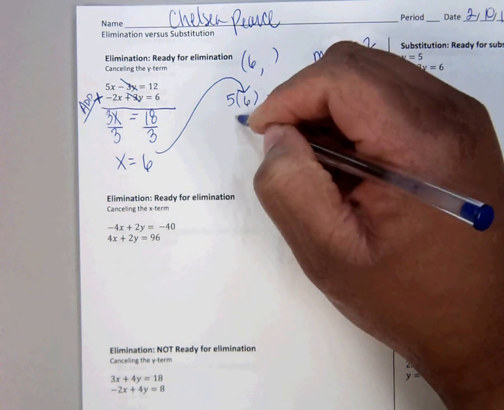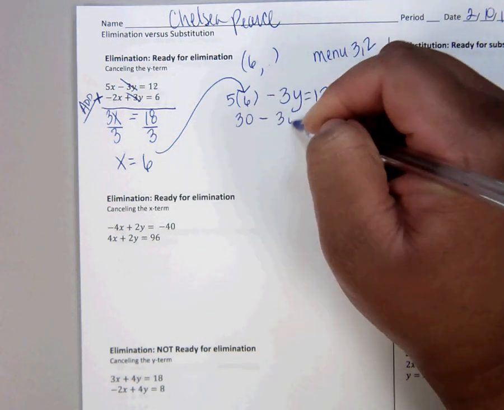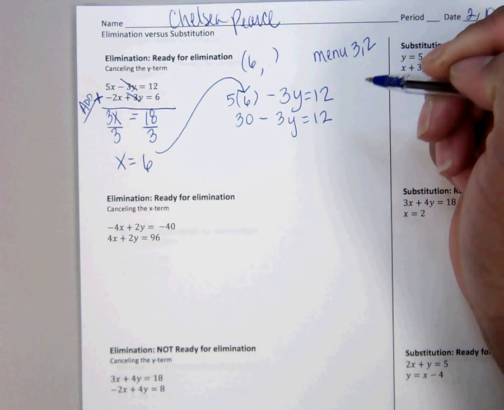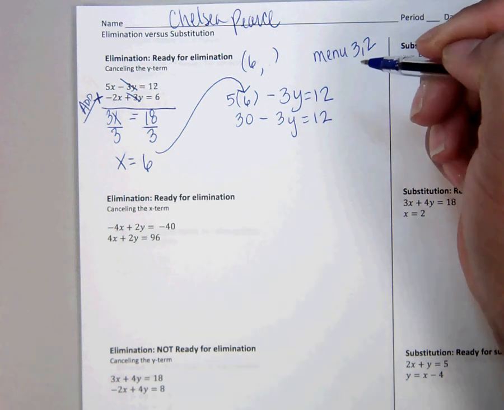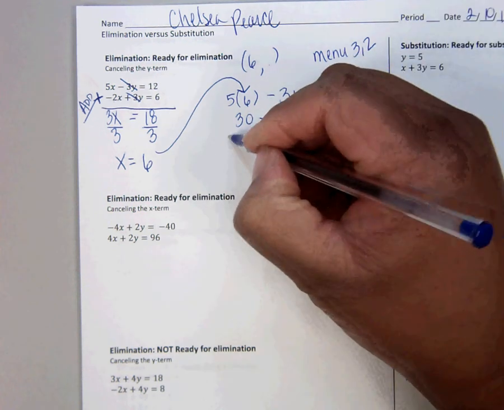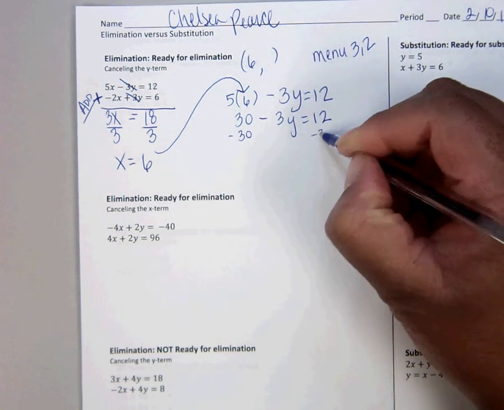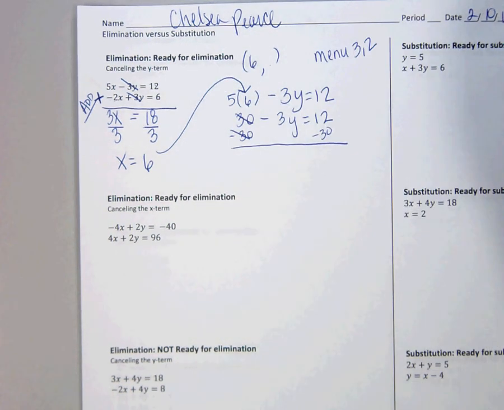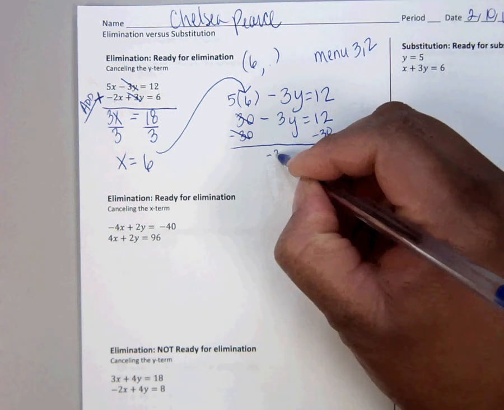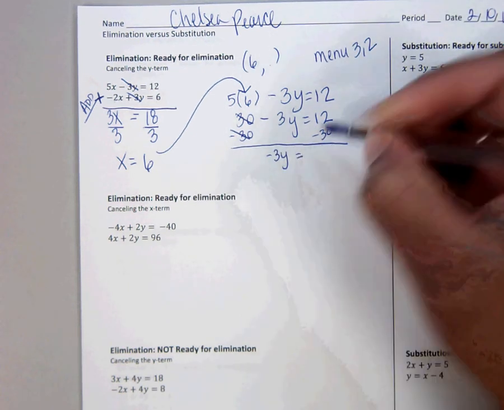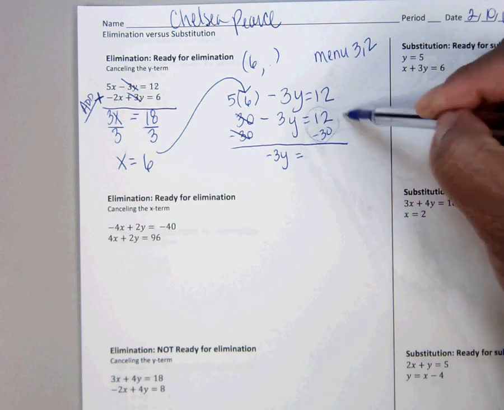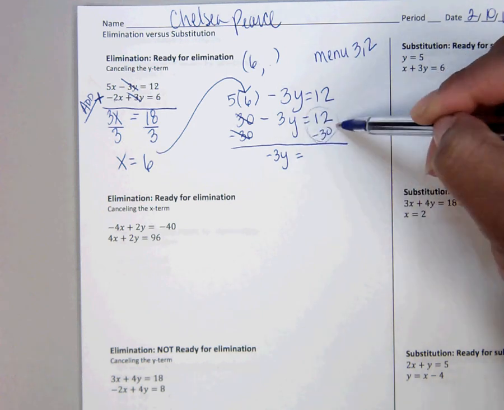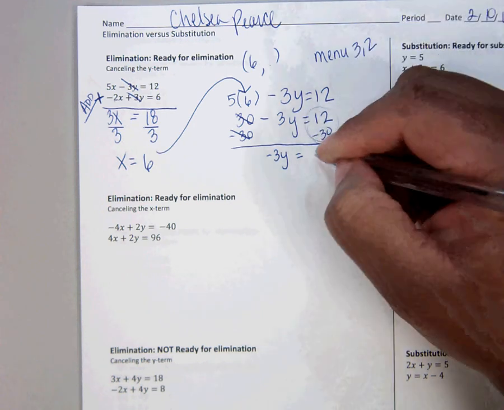So it is 6, and I get 30 minus 3y equals 12. Now we have to solve this. So subtract 30. And we bring down negative 3y equals, be careful. If you need to use the calculator to do that, do so.